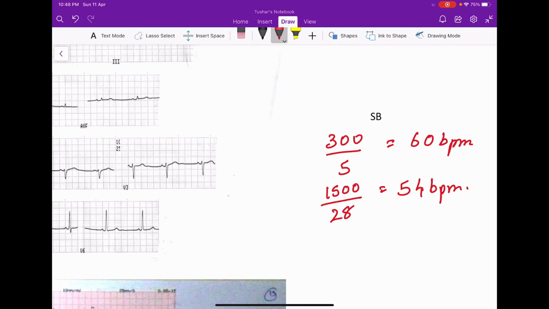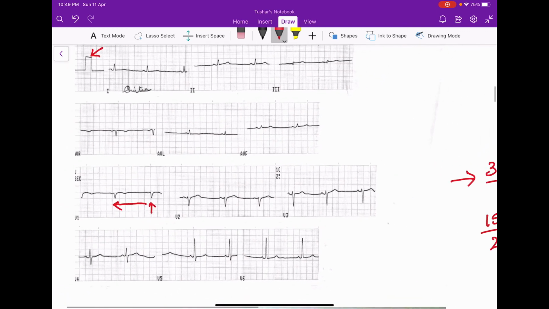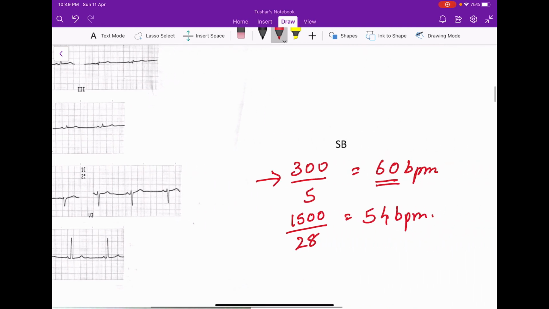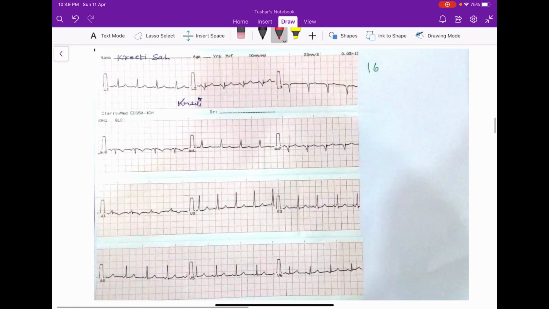Now, as I have already told you, this being a gross method, this might give you an approximate reading but not the exact reading. So although this is an ECG of sinus bradycardia, by this method we have got a result of 60 beats per minute, which is a normal heart rate. But using this exact method, we have got a heart rate of 54 beats per minute.